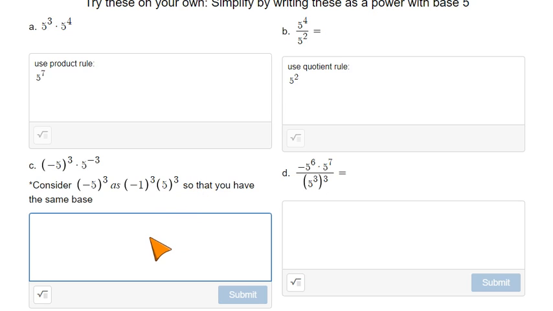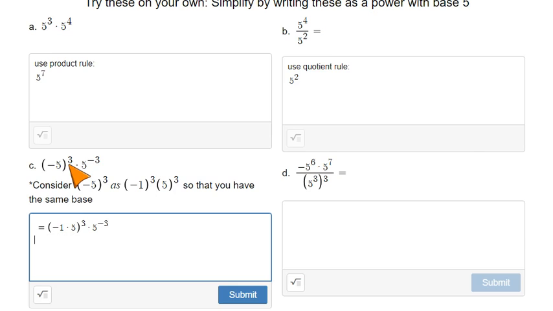So let me rewrite that in the long form. Negative 5 inside my bracket can be rewritten as negative 1 times positive 5. Now, all of that is raised to the power of 3. And the second part of my question, I still have 5 to the power of negative 3.